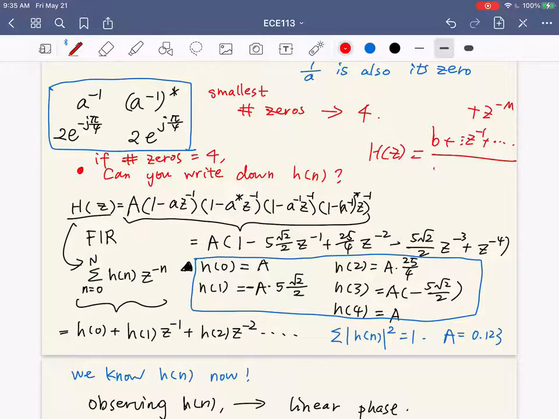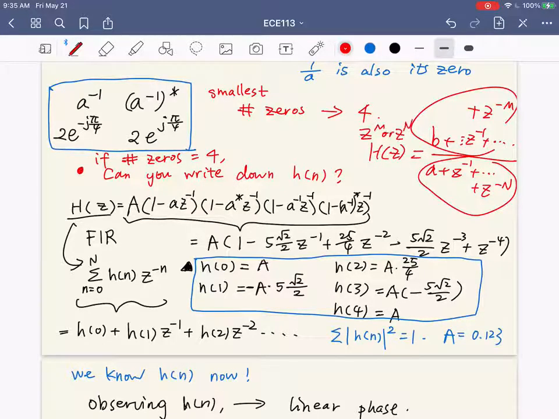And for the denominator, it also a plus something z to the minus 1 until z to the minus n, right? And if we have the denominator, we can multiply both of them by z^m or z^n, right? And then it will be turned into the form that we can factor into z minus something. But here we don't have the denominator, or we say the denominator is 1.